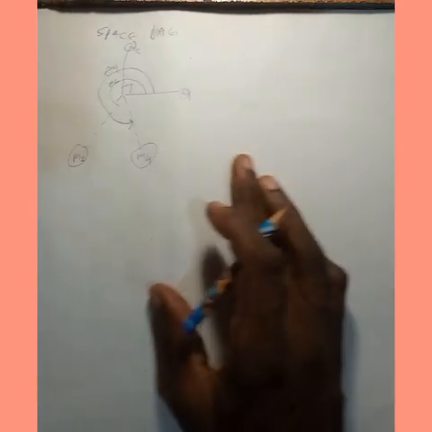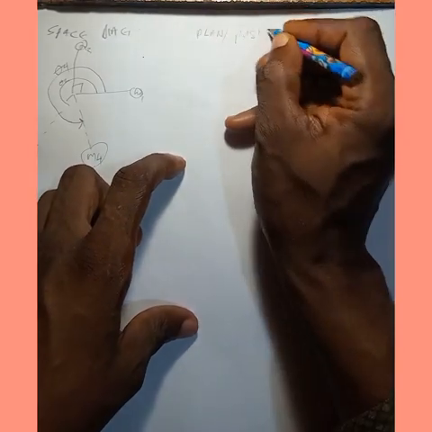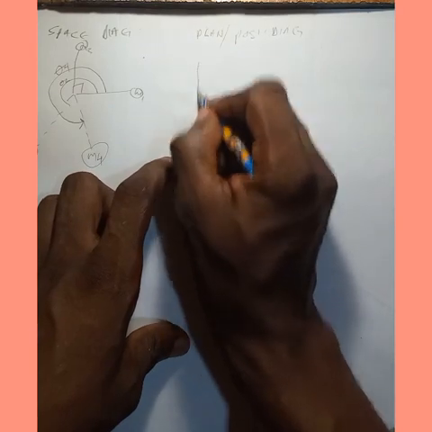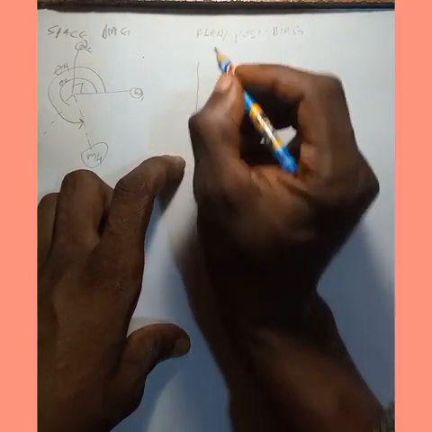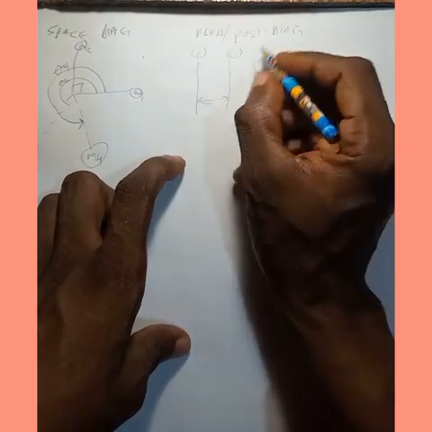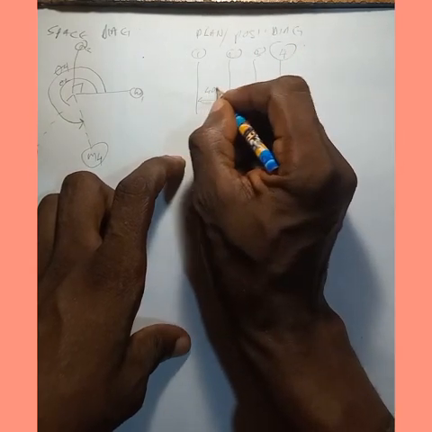So we'll now move to the plane position diagram. We're told that we have 4 planes. The distance between plane 1 and 2 is 400 mm.